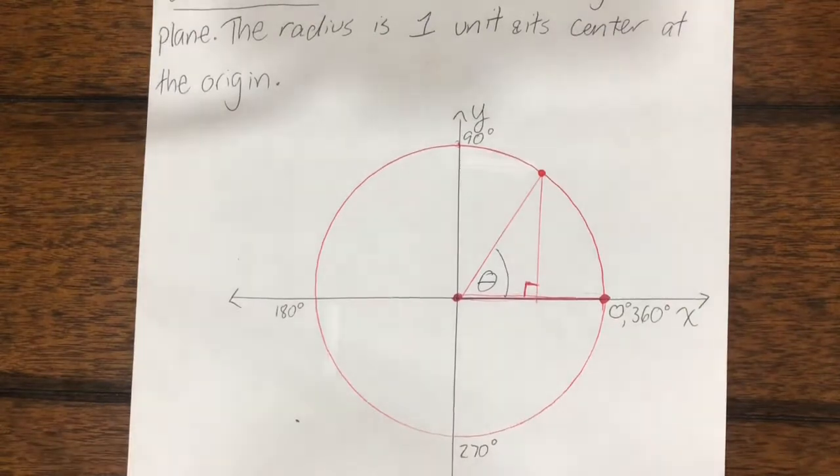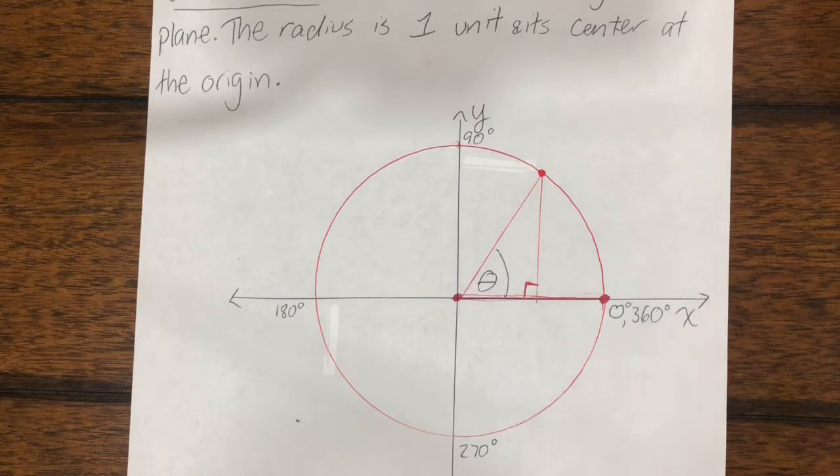So I have my right triangle inside the unit circle. What was the purpose of drawing a right triangle inside the unit circle? Well, we can use that to help us evaluate trig functions, meaning sine, cosine, and tangent of a certain angle measurement in a unit circle.